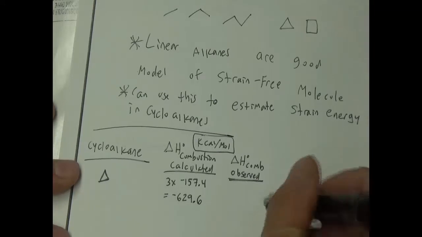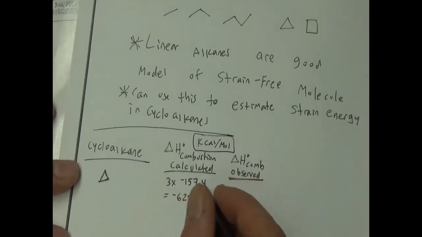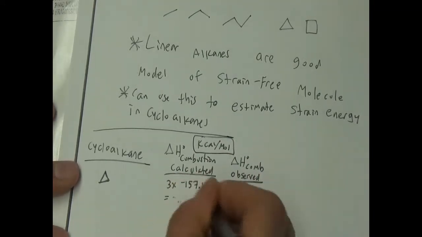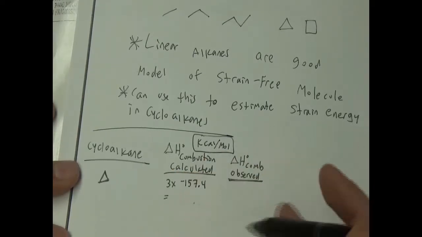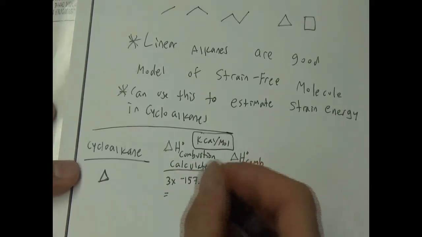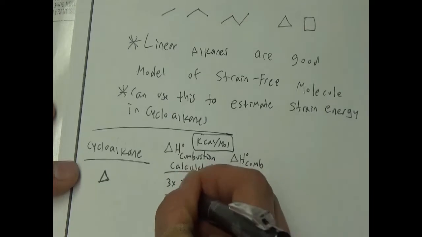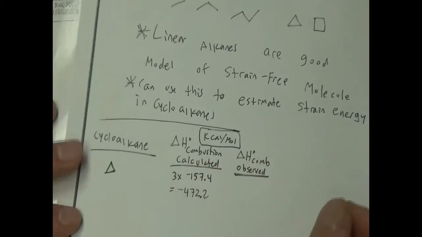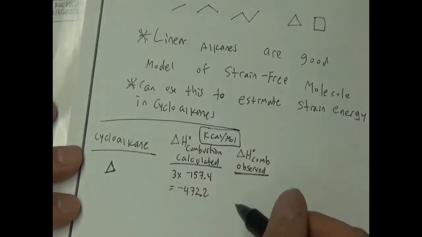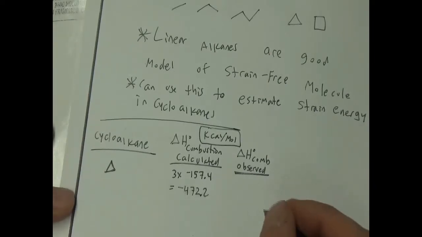Oh my bad on the number, 3 times 157.4, of course, would not make sense, let's fix it. It's negative 472.2. And then we can compare that with the observed, the actual experimental number. So the observed number is negative 499.8.